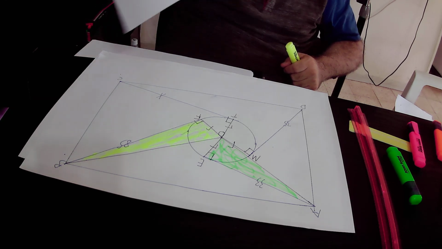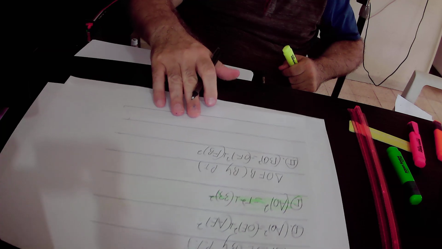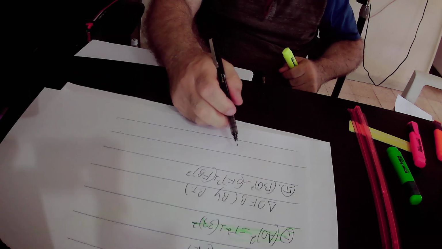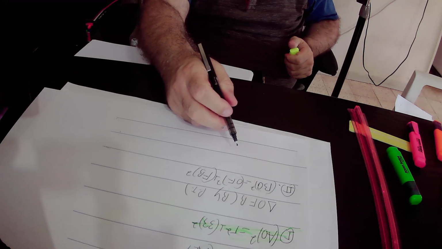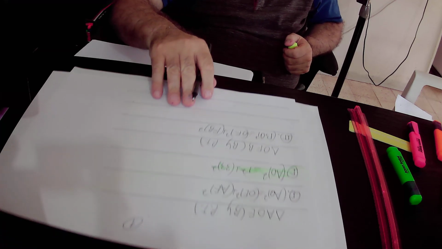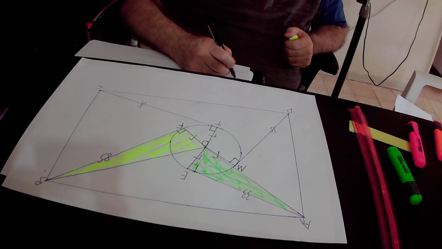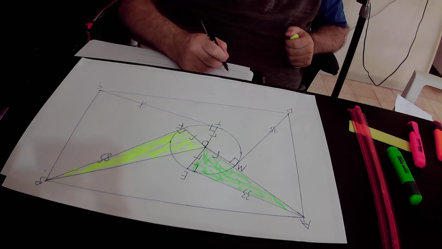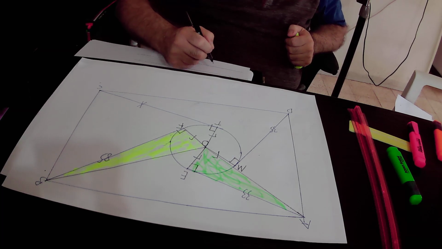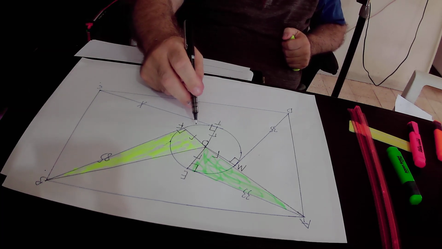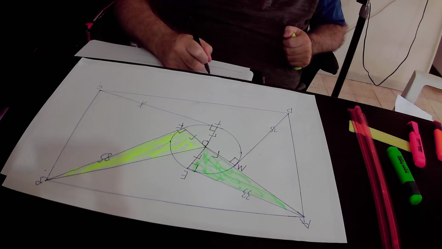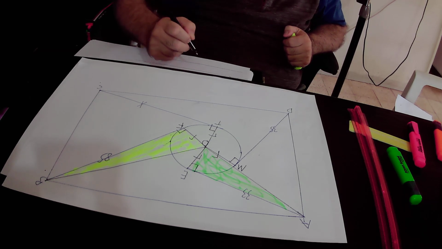Repeat again, according to the Pythagoras theorem in the right yellow triangle OFB, BO squared equals OF squared plus FB squared. So BO squared equals OF squared. OF equals R, therefore OF squared is R squared plus FB squared.